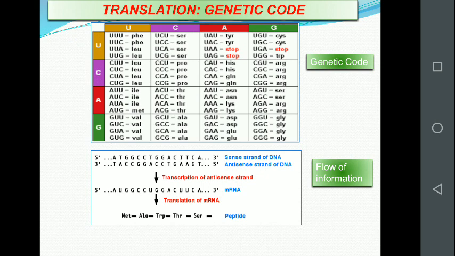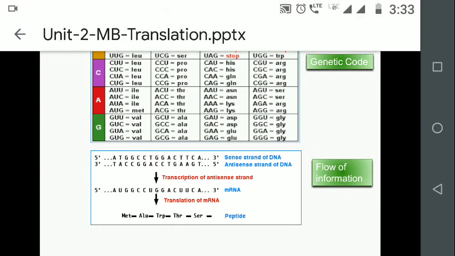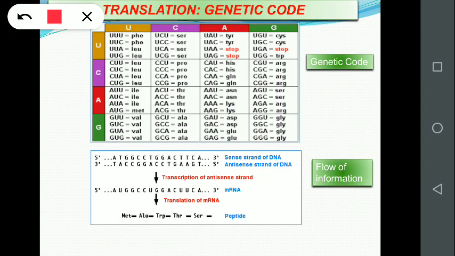Take the first example, UUU, phenylalanine. It is also coded by UUC, the second one. So one amino acid is coded by more than one codon. This is degeneracy.